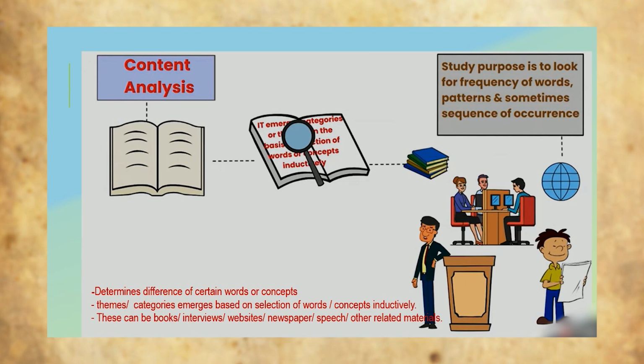And it determines the difference of certain words or concepts. The themes or categories emerge based on the selection of words or concepts inductively. And this can be books, interviews, websites, newspapers, speech, or other related materials.